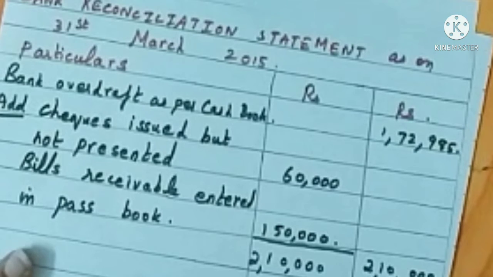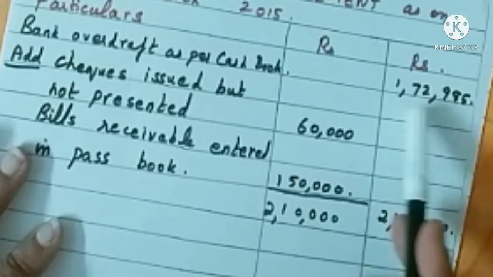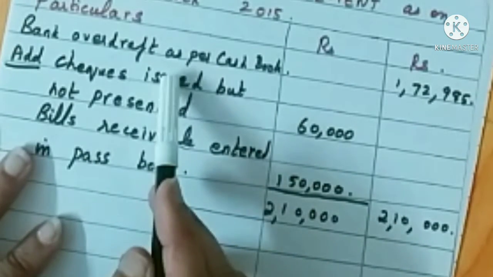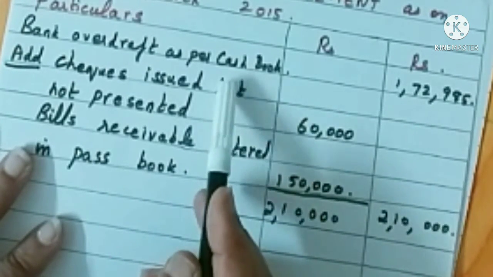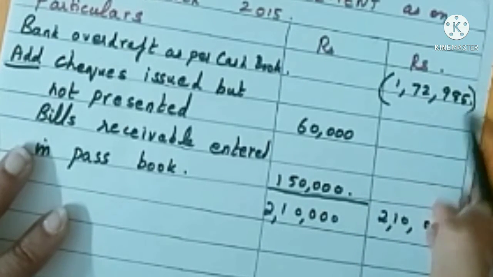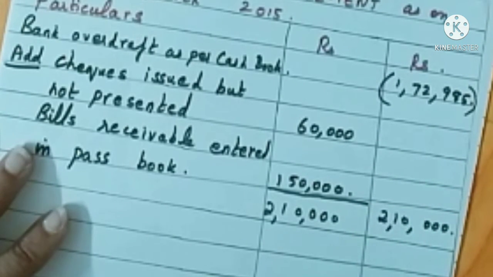Remember this, 1,72,985 is bank overdraft as per cash book. That means unfavorable balance. This has to be shown in brackets, okay? So deduct this 1,72,985 from 2,10,000. So what you get now?